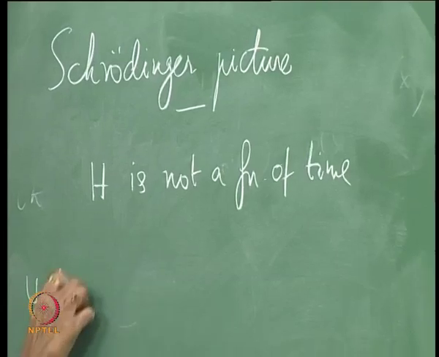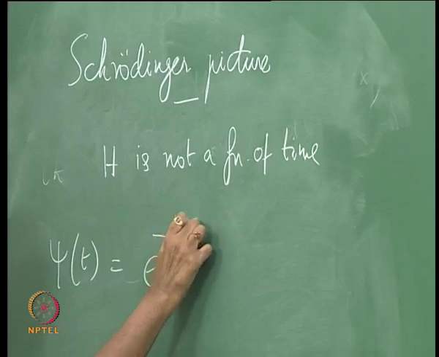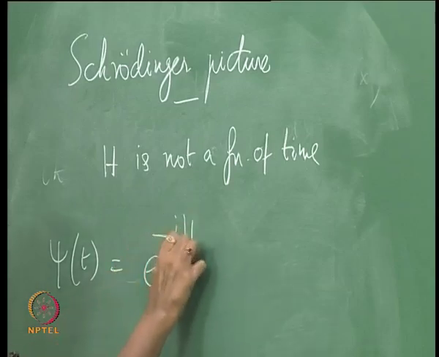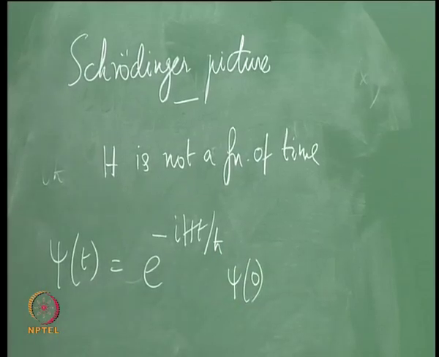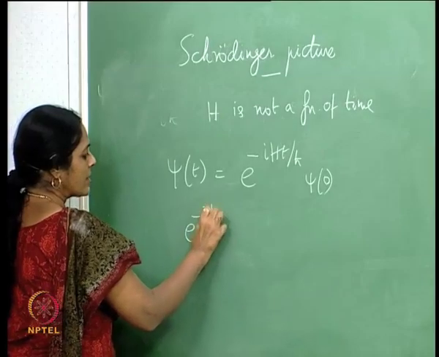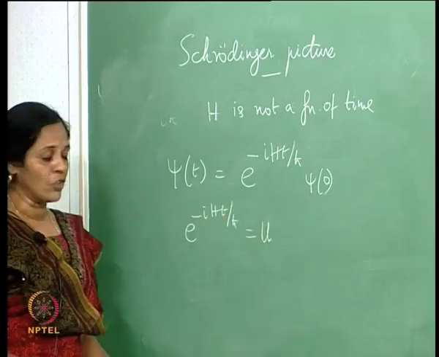Then psi of t is e to the minus i H t by h cross psi of 0, and I call e to the minus i H t by h cross as U, since it is a unitary operator.